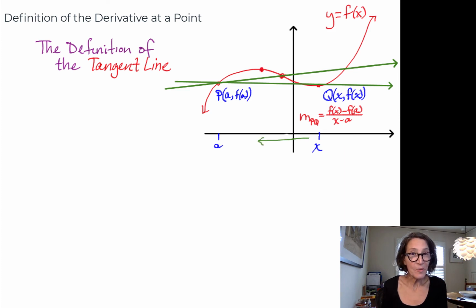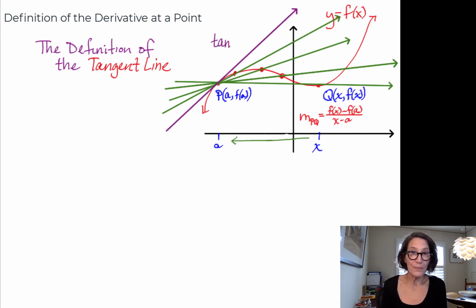We take another point where x is a little closer to a, take the slope of that secant line, and we keep taking points whose x-coordinates are closer and closer to a, and we get secant lines whose slopes are approaching, hopefully, the slope of the line we're looking for, the tangent line. So now that we know how to calculate limits, we can use limits to find the slope of that line.